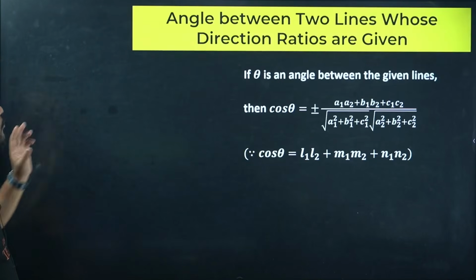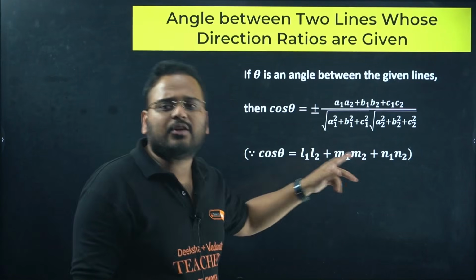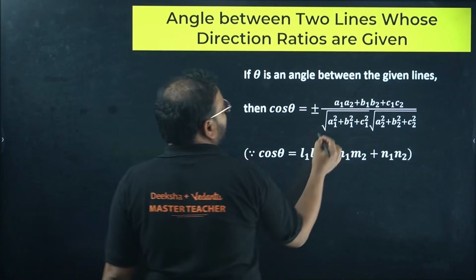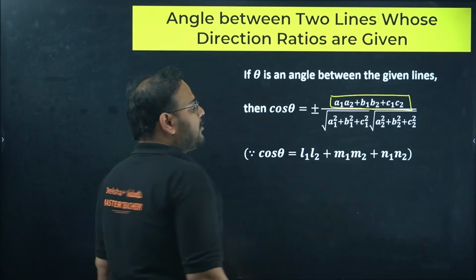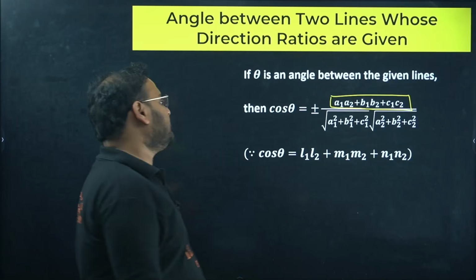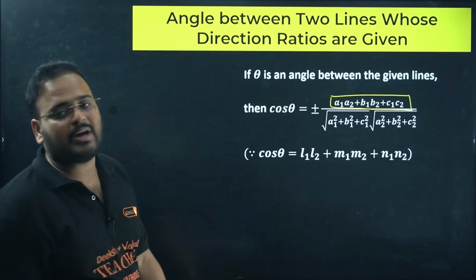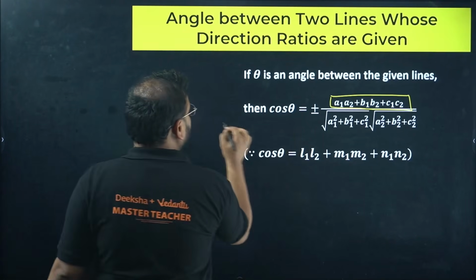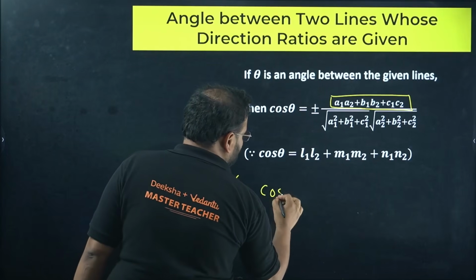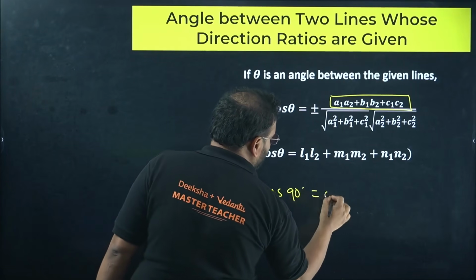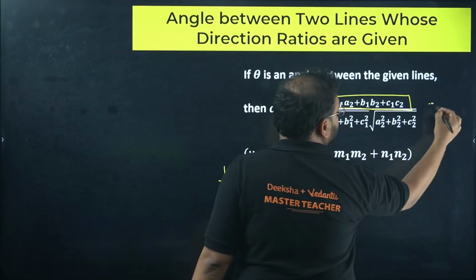Yes. Now we're going to move on to direction ratios. The same result will be there, but instead of these values, you'll have A values. So you'll have A1 square, B1 square, C1 square plus A2 square, B2 square, C2 square. And if this is 0, think about it: when they're perpendicular lines, what will happen? Cos 90 degrees will be 0. So this whole thing will become 0.